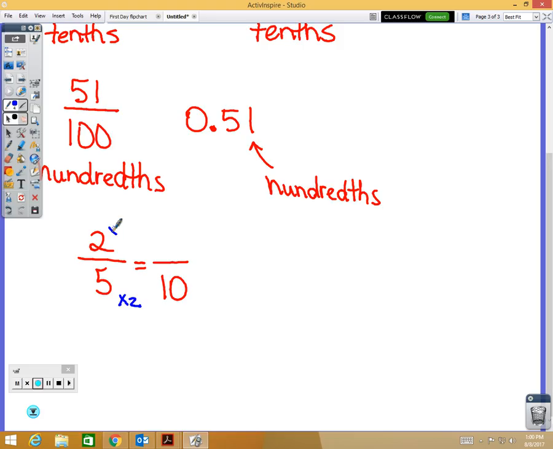Then you would do 2 times 2, which is 4. That's called an equivalent fraction. You remember doing those before? Equivalent fractions. So now that we have it as 4/10, let's write it as a decimal, 0.4. We couldn't have done it when we were leaving it in the form of 2/5. We had to make our denominator a 10.